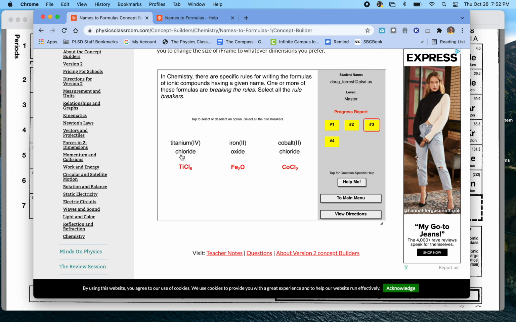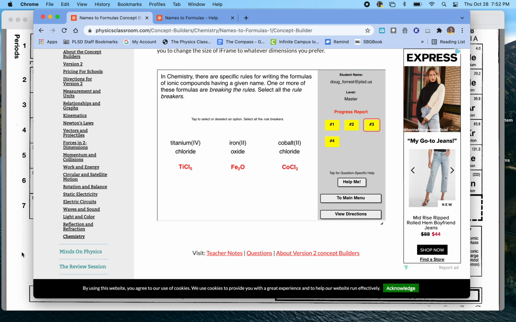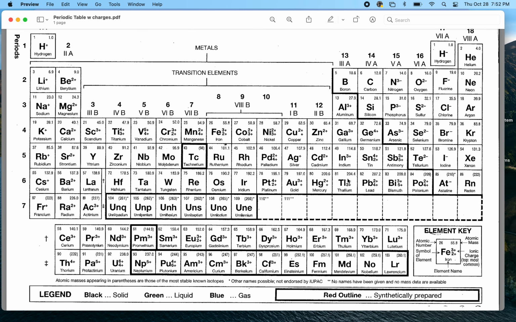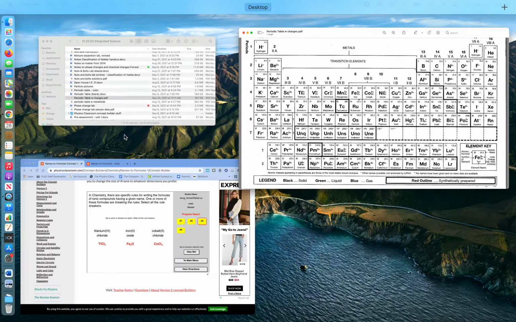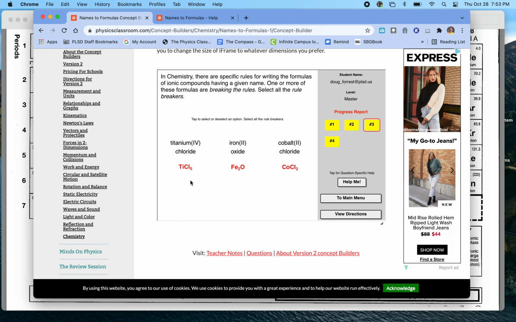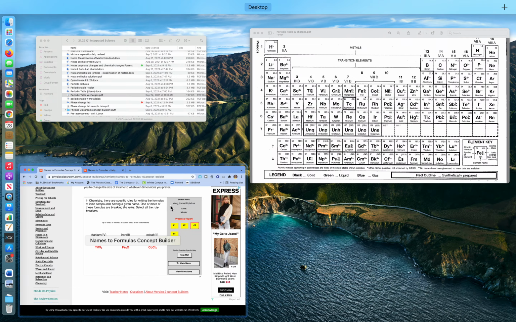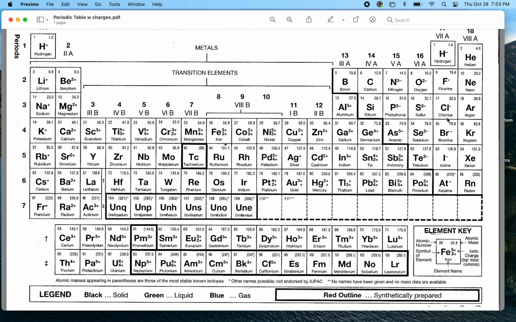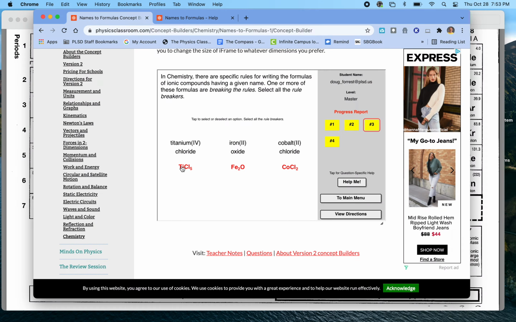So chloride has a charge of -1. If titanium has a valence of 4, so if you look, titanium could be +4, +3, and it says it's +4 here, then I would need 1 titanium for every 4 chlorides, because chloride is -1. So this is incorrect.